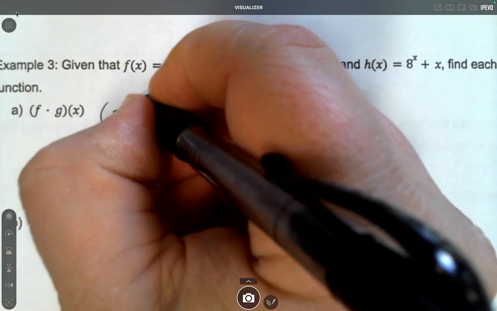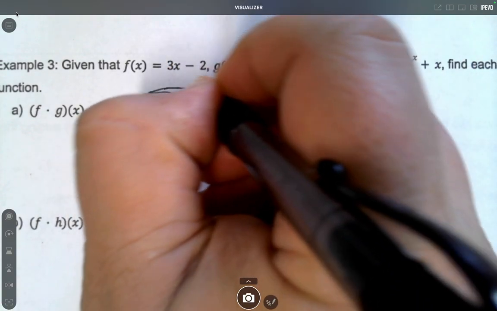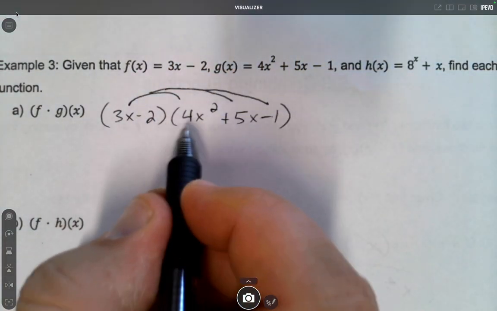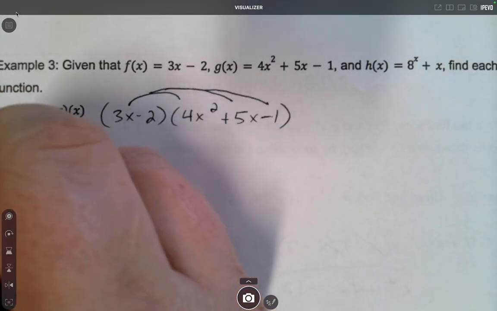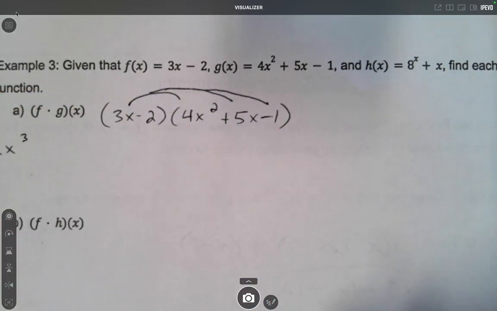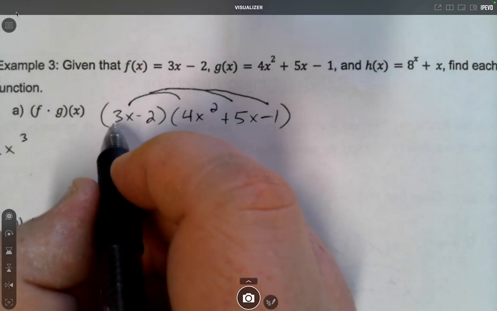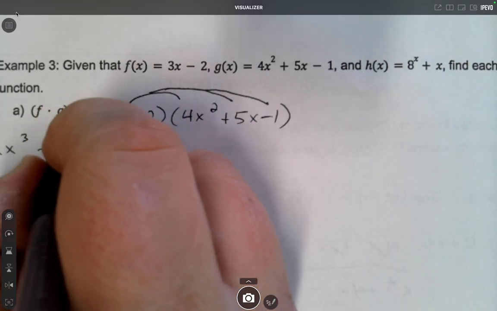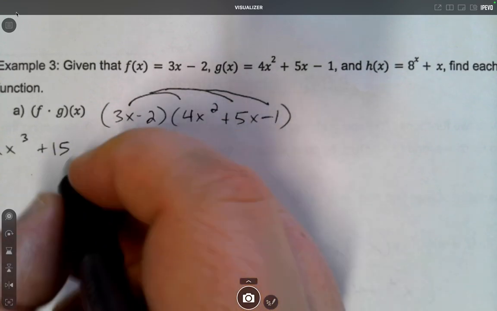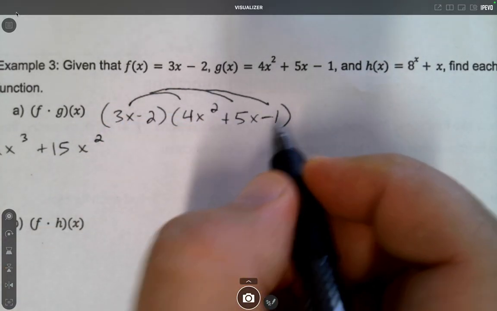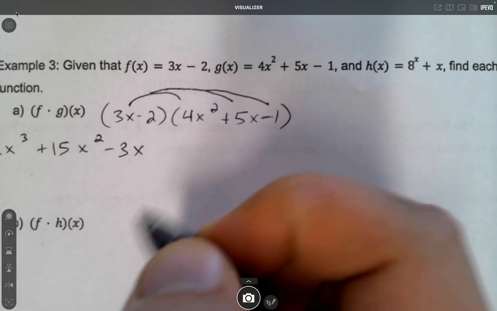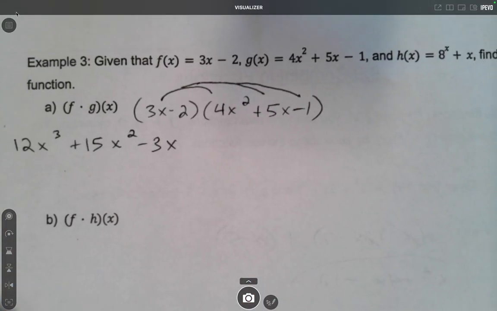So I'll begin by multiplying everything by 3x. 3 times 4 is 12. X times x squared is x cubed. 3 times 5 is 15. X times x is x squared. And then 3x times negative 1 is negative 3x. So that covers everything that's being multiplied by 3x.